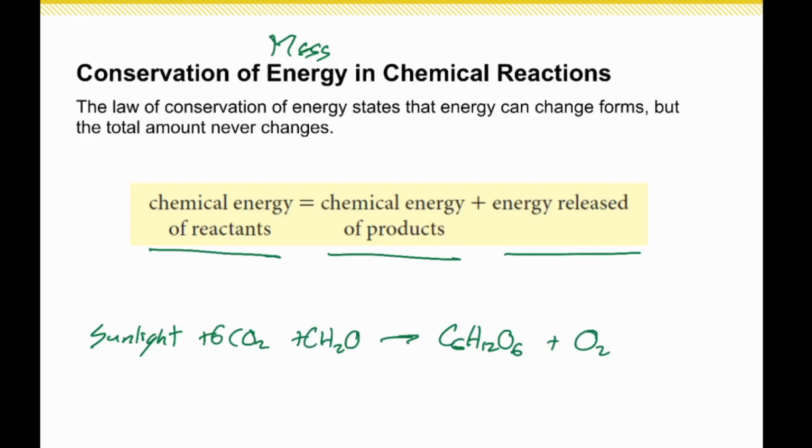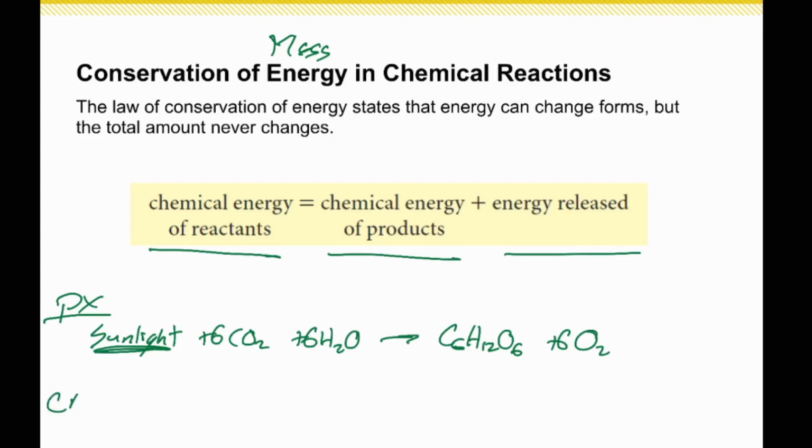Balance it, we have 6, 6, and 6. So that is our photosynthesis reaction. We could see our energy input is right there. We have an energy input, so therefore that is going to be an endergonic or endothermic reaction.